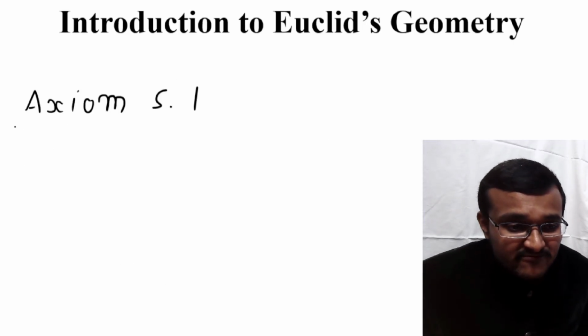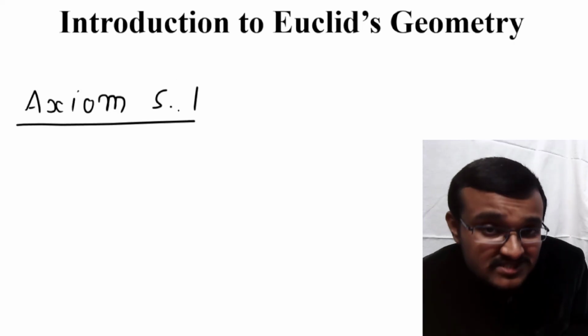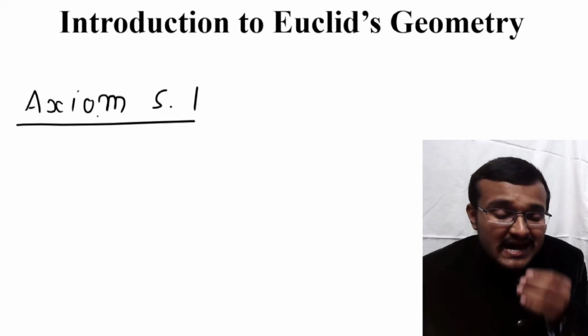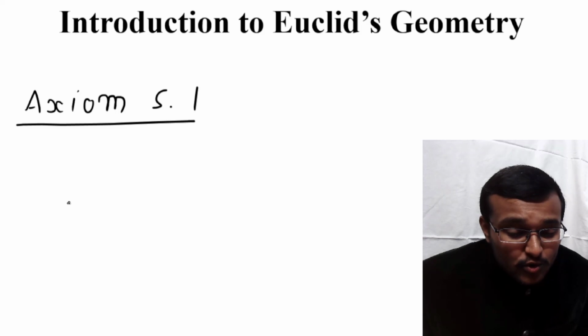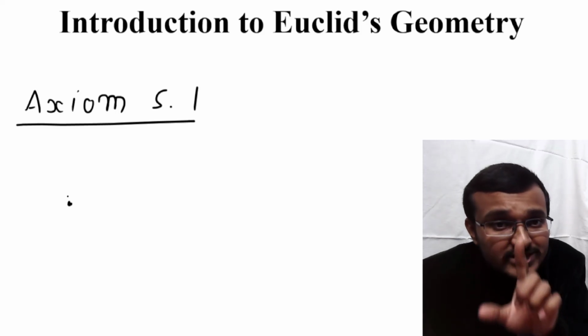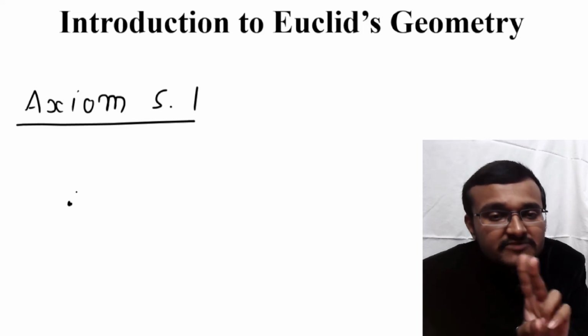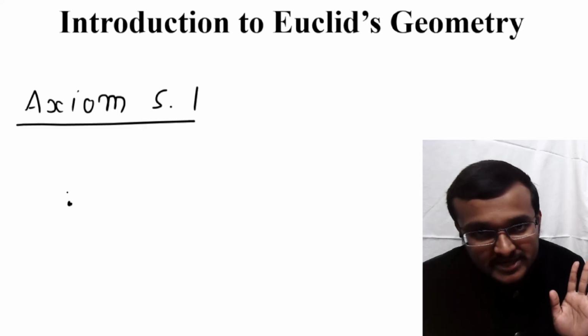Here we have axiom 5.1 with respect to this postulate 1. This axiom 5.1 states that only one unique line is possible between two distinct points.